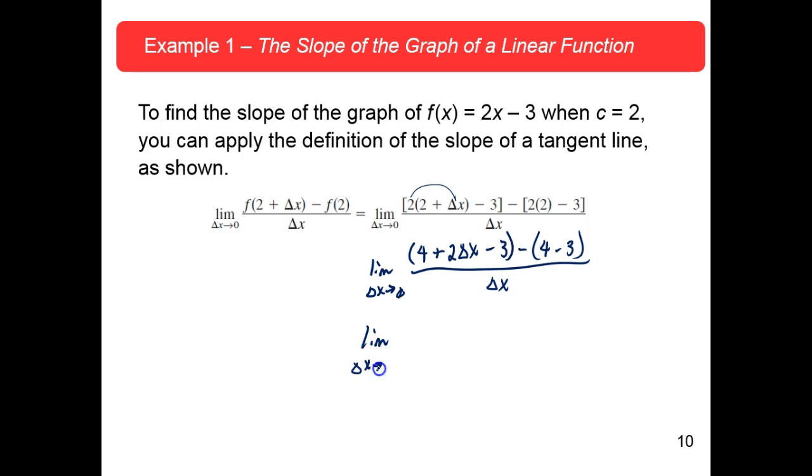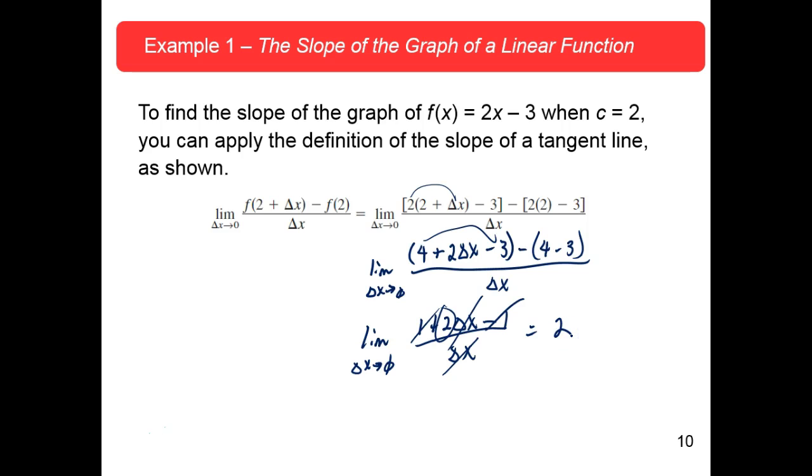The limit as delta x approaches 0. What would this give you? 4 minus 3 is 1. 1 plus 2 delta x minus 1 divided by delta x, and what's 1 minus 1? 0, and then delta x over delta x is 1, so the limit is 2.